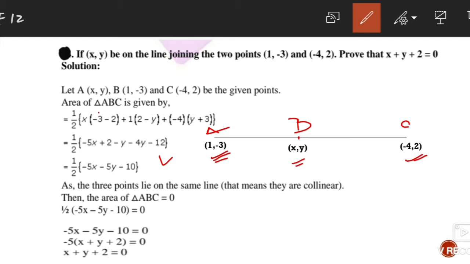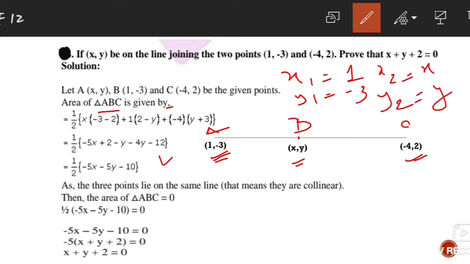Area of ABC is given by the formula of area of triangle from 3 points. If you put it in the formula, you will consider x1 as 1, y1 as -3, x2 as x, y2 as y, x3 as -4, y3 as 2.